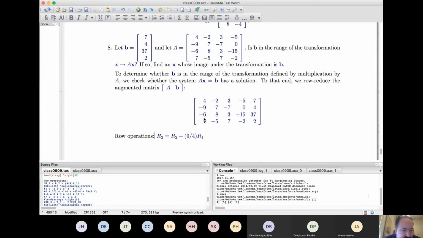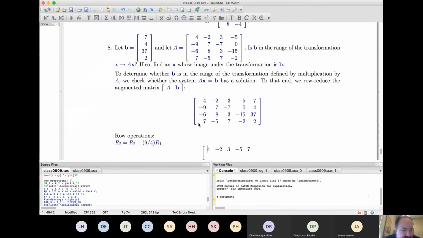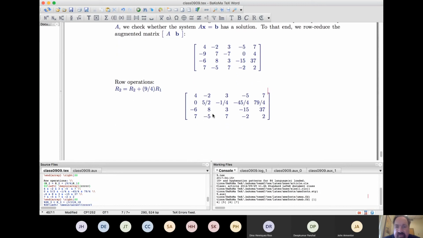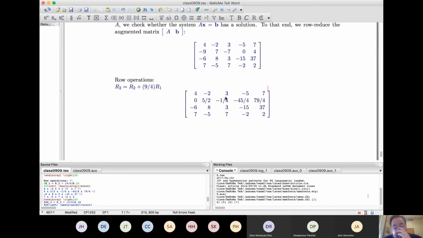So here we're taking 9/4 times the first row and adding it to the second. Okay, and we see that things get ugly. Now, to get rid of these annoying denominators, here we have a common denominator of 4, and you can multiply by that.